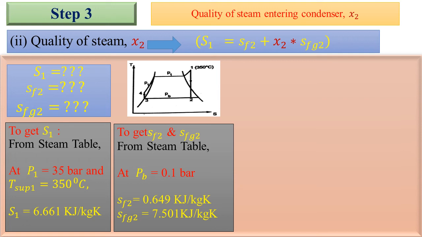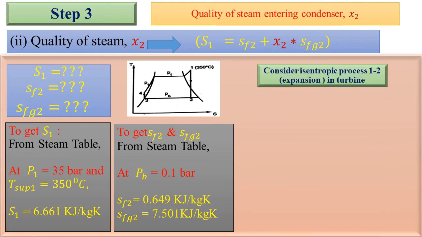Therefore, from the pressure based steam table at 0.1 bar, we will note down SF2, which is 0.649 kilojoule per kg Kelvin. Also, we will select the value of SFG2 at 0.1 bar, that is 7.501 kilojoule per kg Kelvin. Hence, we have found all three values.